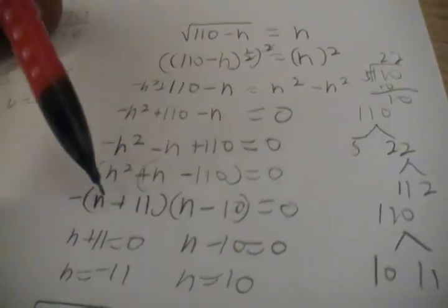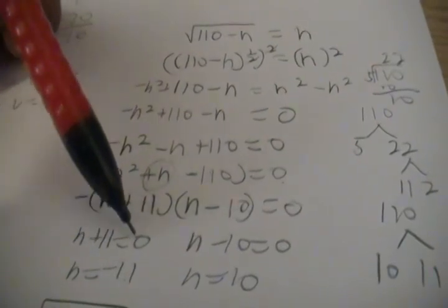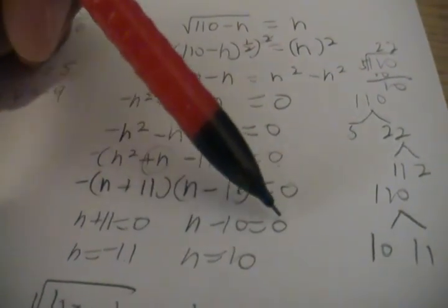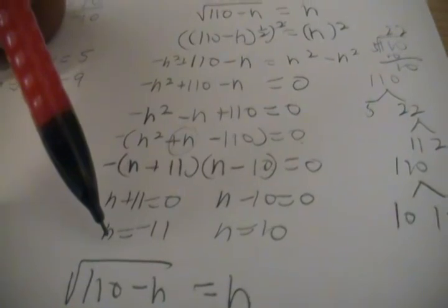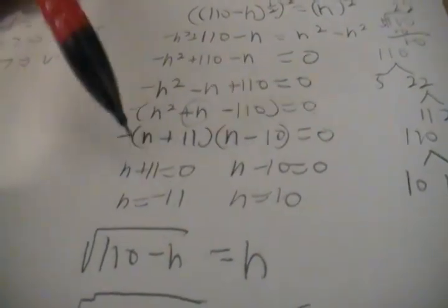And then from there, you just solve for each one. So n plus 11 is equal to 0, n minus 10 is equal to 0, and n is equal to negative 11, and also n is equal to 10. Then you have to check both numbers. You plug in negative 11 for n, but it doesn't work because you can't have a negative number come out of a square root.